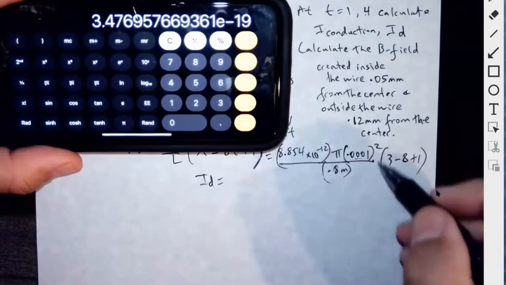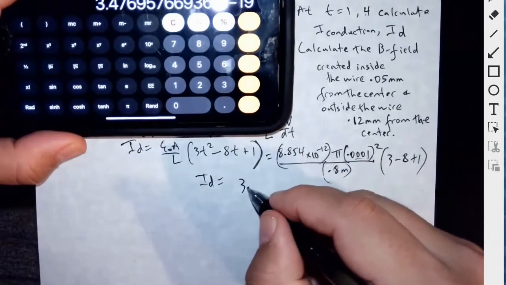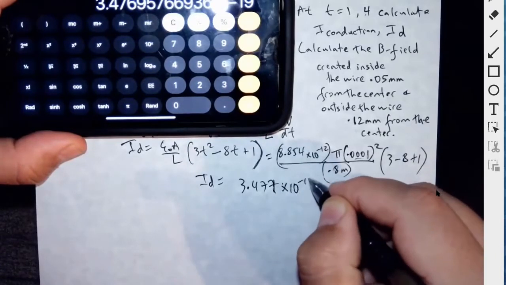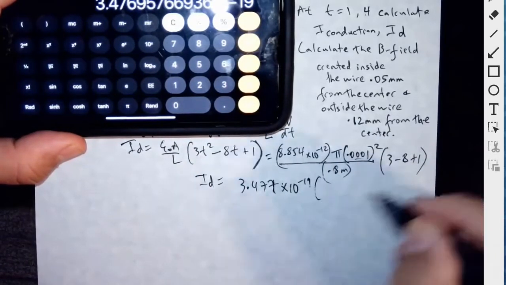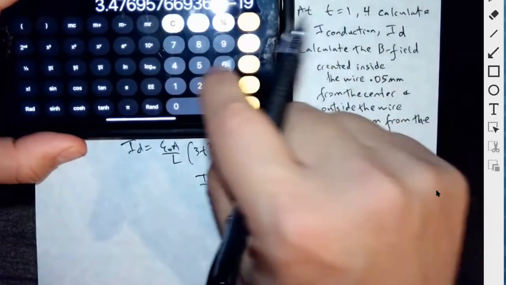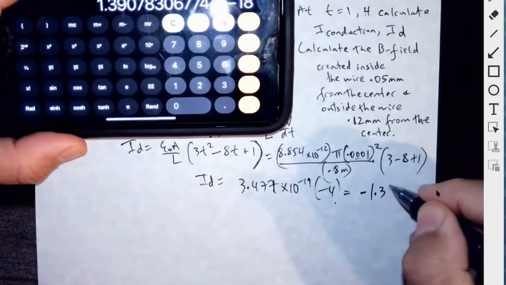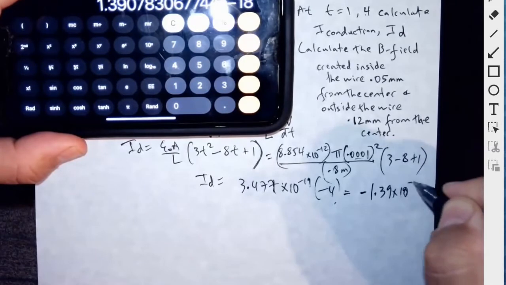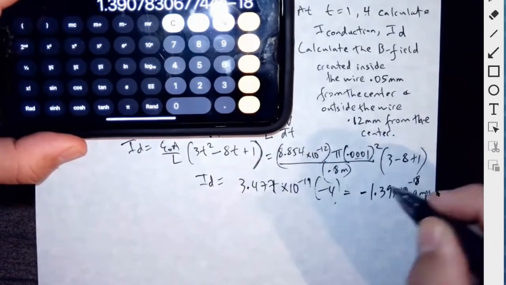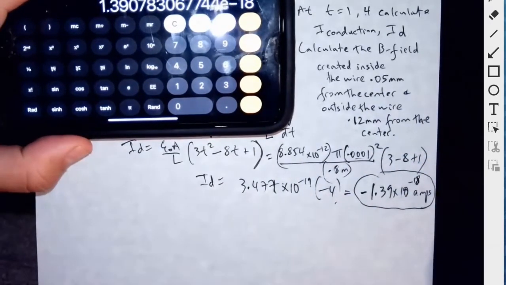This portion of it already comes out so small, 3.477 times 10 to the minus 19. And of course, this portion is just negative 4, so times 4. So negative 1.39 times 10 to the minus 18 amps. So it has units of amps, but it's actually not current at all.